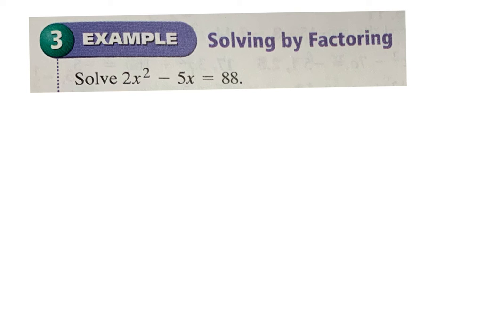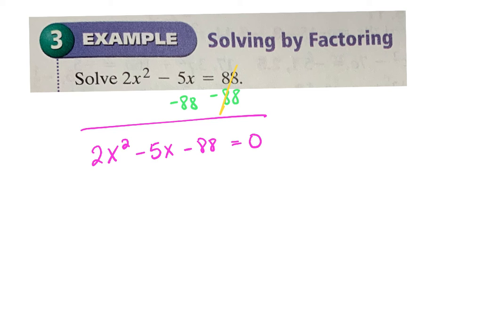Now, I will say they gave us huge numbers for this one, and I will not give you numbers this big, but you're going to move this 88 over. On the right-hand side, it just cancels. On the left-hand side, it does not combine with anything. So there is no common factor or common term to negative 88. You don't have just a number over there. So you would say 2x squared minus 5x minus 88 equals 0.